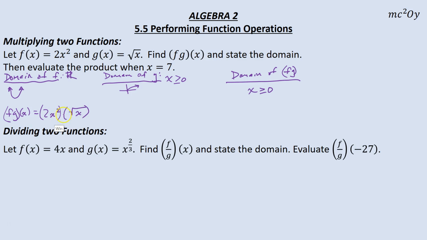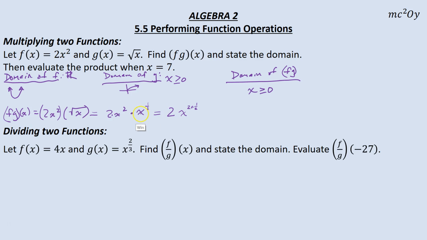Well, that's kind of weird to multiply those. Let's write the square root in terms of an exponent. So we could call that 2x squared times x to the 1/2 power, since the square root of x is x to the 1/2. Now you have the same base. You have 2x squared and x to the 1/2, so really you have 2 times x to the 2 plus 1/2 power.